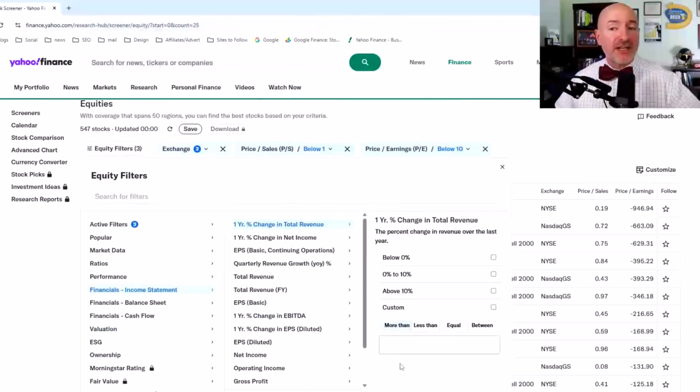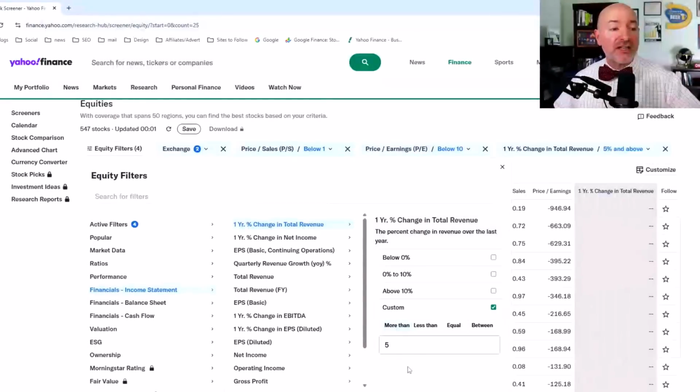Next, for those safety stocks, we would go in here to the income statement and look for 1 year change in revenue. What we're going to do here is a custom filter: at least 5% or more of revenue growth over the last year. Again, I like to look at the trend, so I would probably go into these stocks individually after narrowing them down in this stock screener, go into that income statement and make sure that it's at least 5% over the last few years, not just 5% over the 1 year, not just that it got lucky.